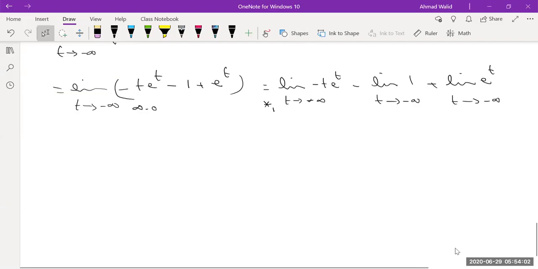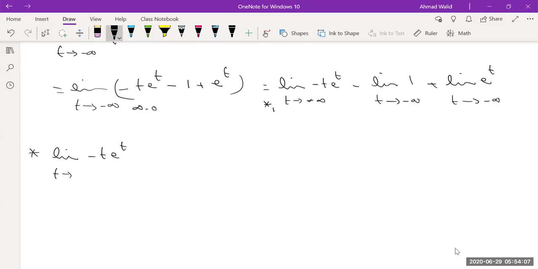You have the limit of negative t e to the t as t approaches negative infinity. You can change this one to t over e to the negative t, right? Limit of t over e to the negative t. You can keep the negative outside, correct? As t approaches negative infinity. Now it's infinity over infinity, right?